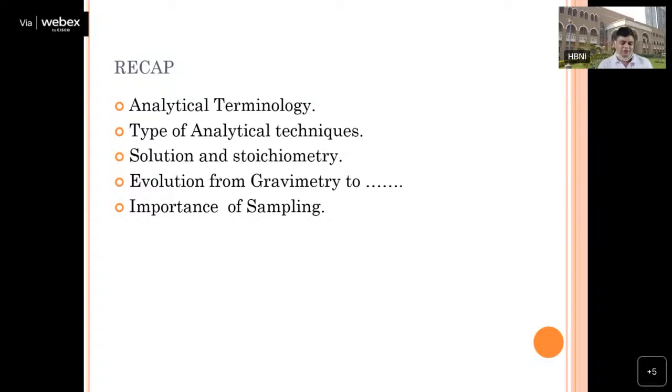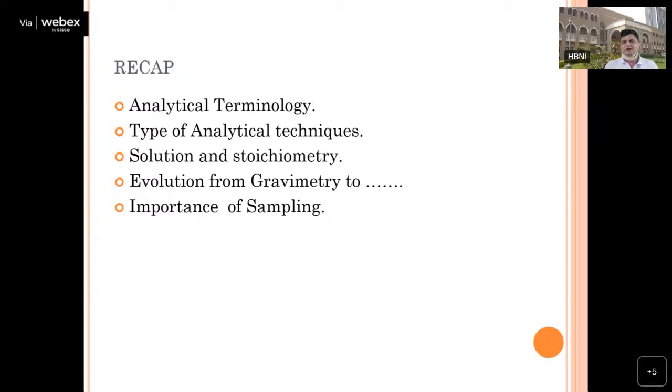Then we discussed the types of analytical techniques. The various analytical techniques are distributed into absolute, relative, and comparative techniques. Absolute techniques do not need any kind of reference materials. You carry out some chemistry and get the results.